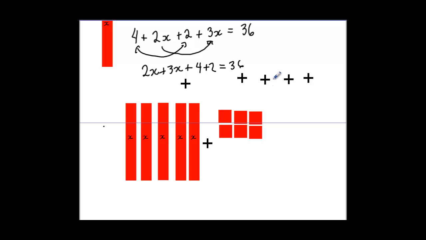And then it goes to this. So I end up with 5x plus 6 is equal to 36. Now we can use our solving equation strategy to solve this equation, and I bet you can kind of see the answer in your head. If you guessed it, go ahead and solve the equation, and I bet you can find the x.